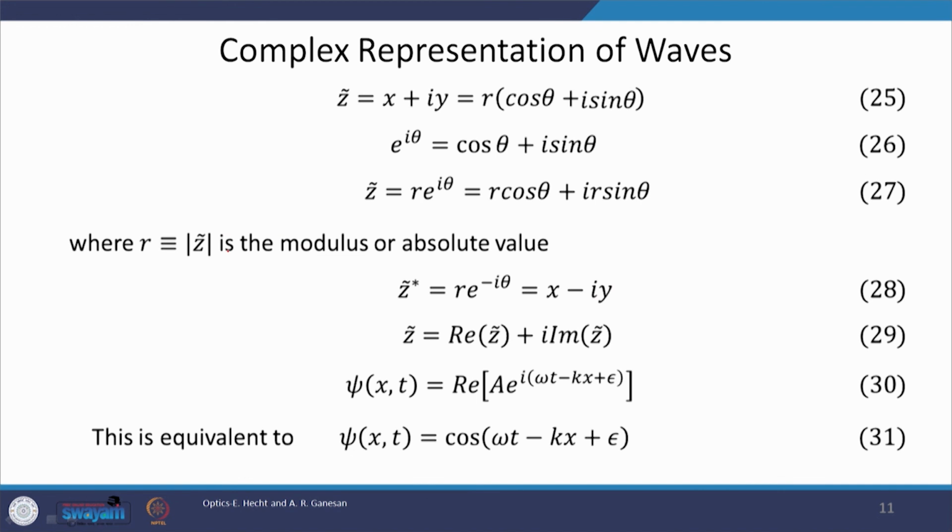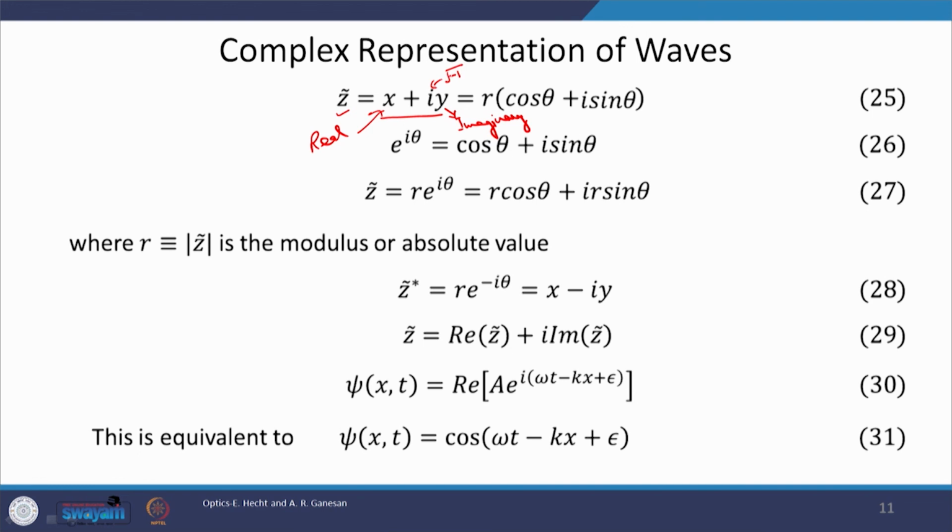Now, while doing mathematics, it is always very easy to move to the complex domain. Therefore, in this slide we will learn how to represent a wave function in complex representation. We know that any complex number can be expressed as x plus iy, where x is the real part and y is the imaginary part, and i is iota, which is equal to square root of minus 1.